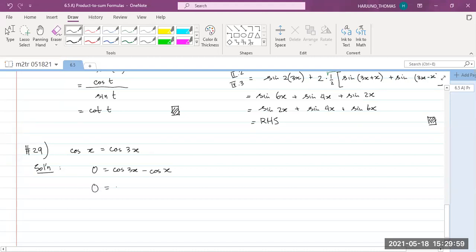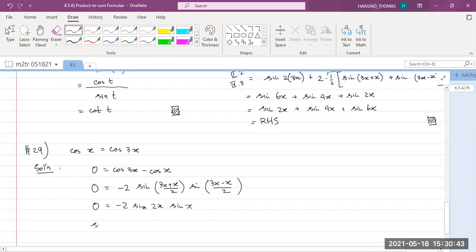Sum becomes product. So this is negative 1/2, I'm sorry, not negative 1/2, 2 times negative 2 sine sum over 2 sine difference over 2, which is negative 2 sine 2x sine x.